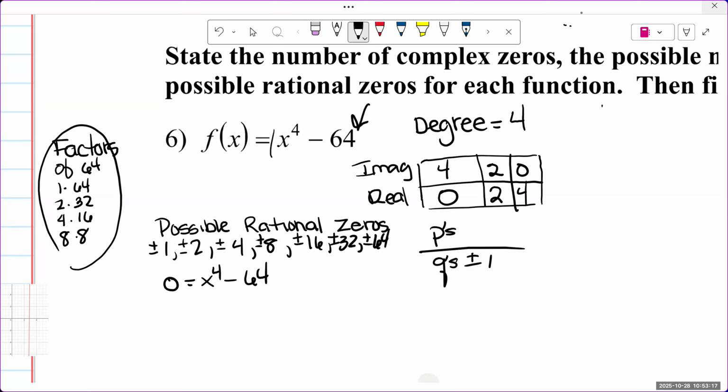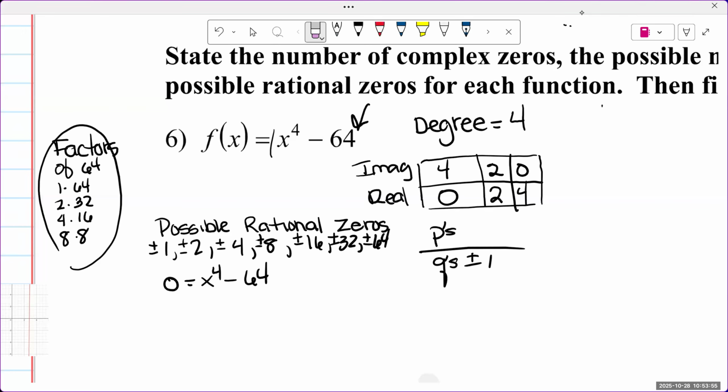So let's try -4. -4 to the third power is 256. So no, -4 and +4 are not going to work. So we could plug in all those numbers and see which one gives us 0.